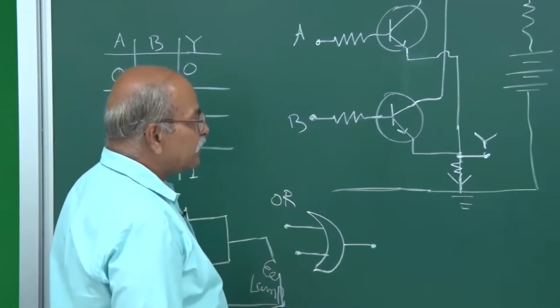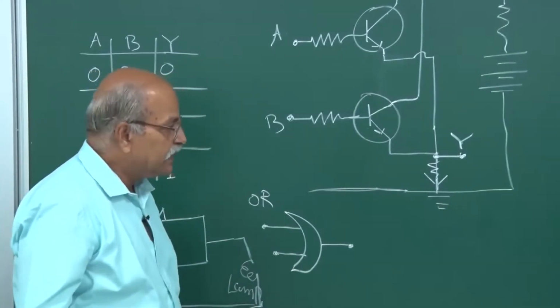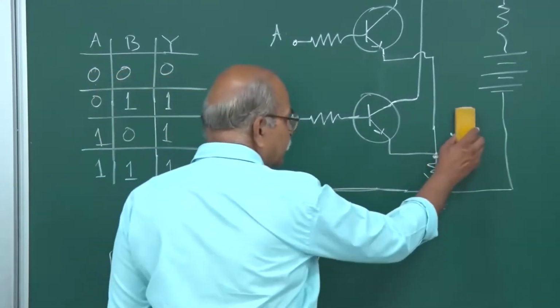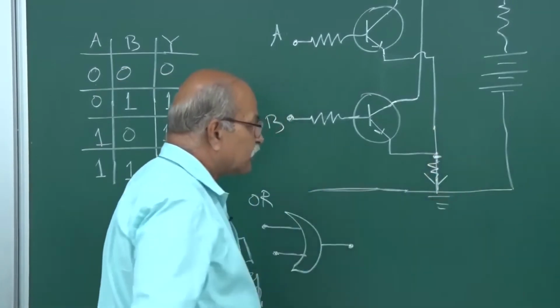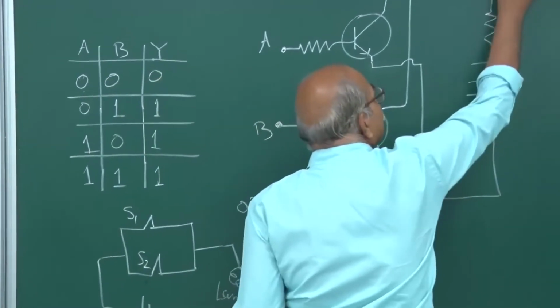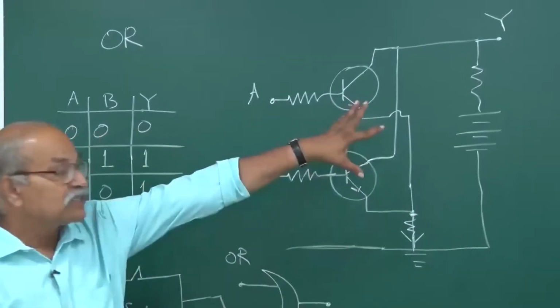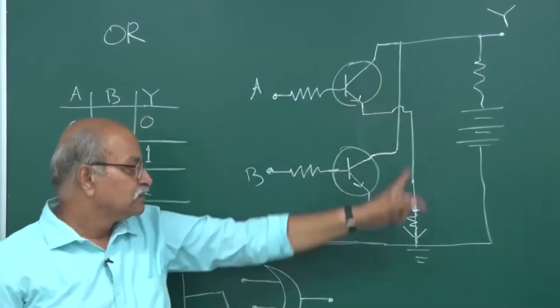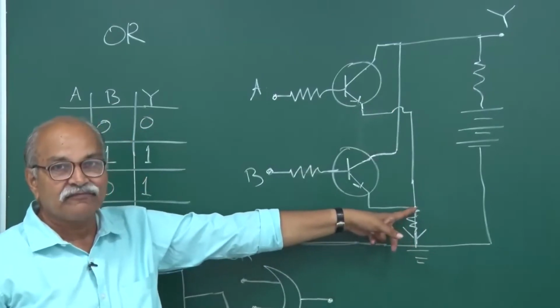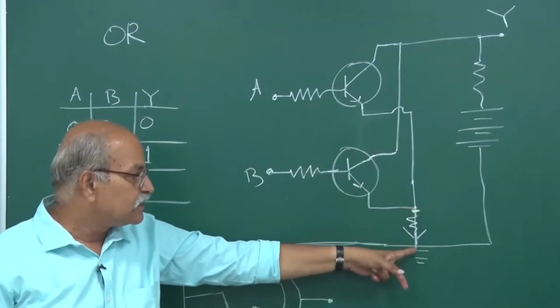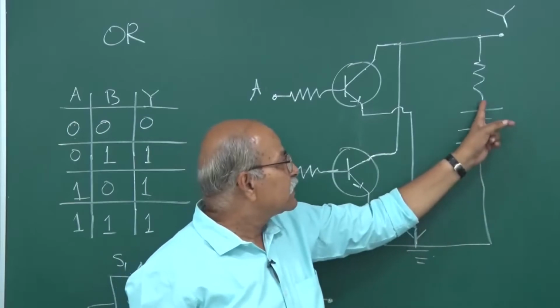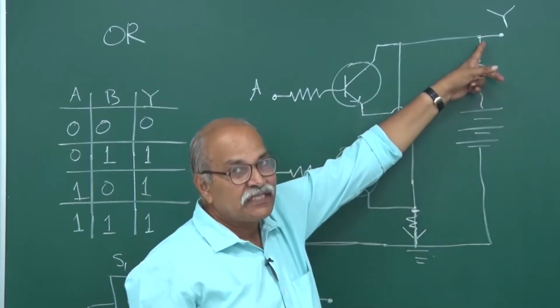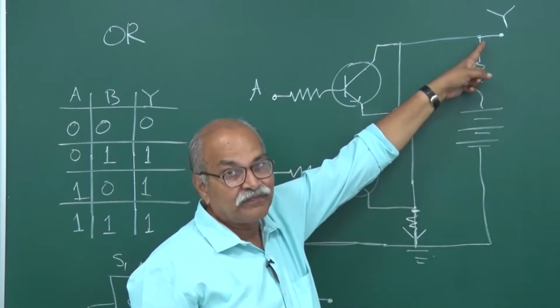Now in the same circuit, if you take output not from here but from here, if this is Y, what happens? Just the opposite. Whenever there is a current, this potential is high, but since the current is this way, this potential is low.